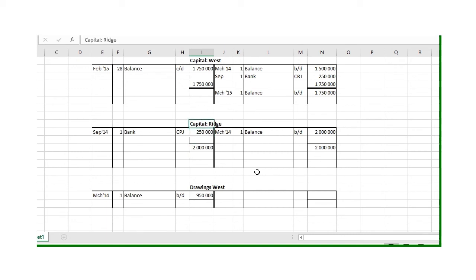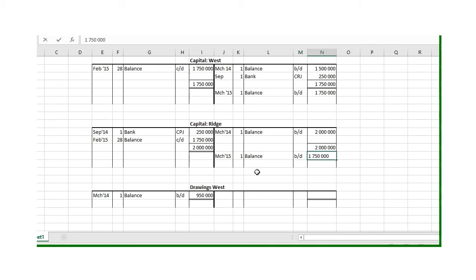The difference is 1,750,000, and that becomes on February 2015, the 28th, a balance carry down of 1,750,000, which means next year, March 2015, the first, we start off with a balance brought down of 1,750,000.